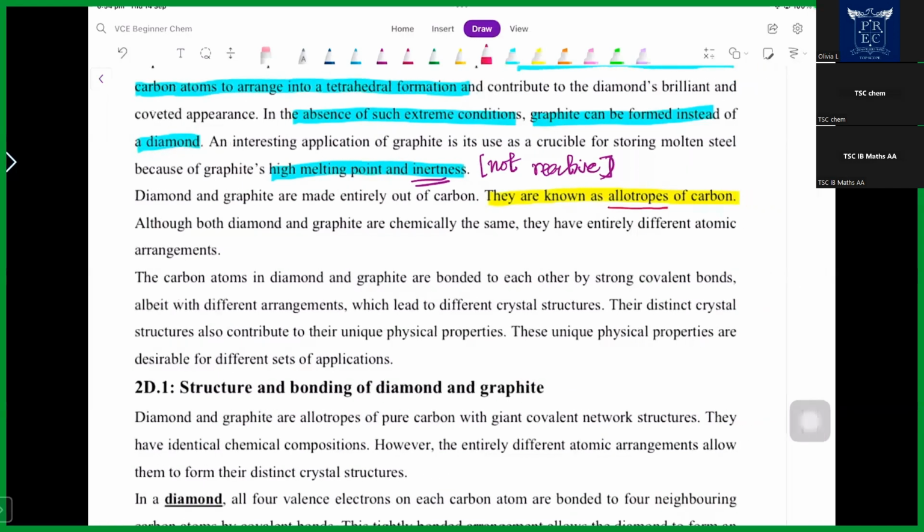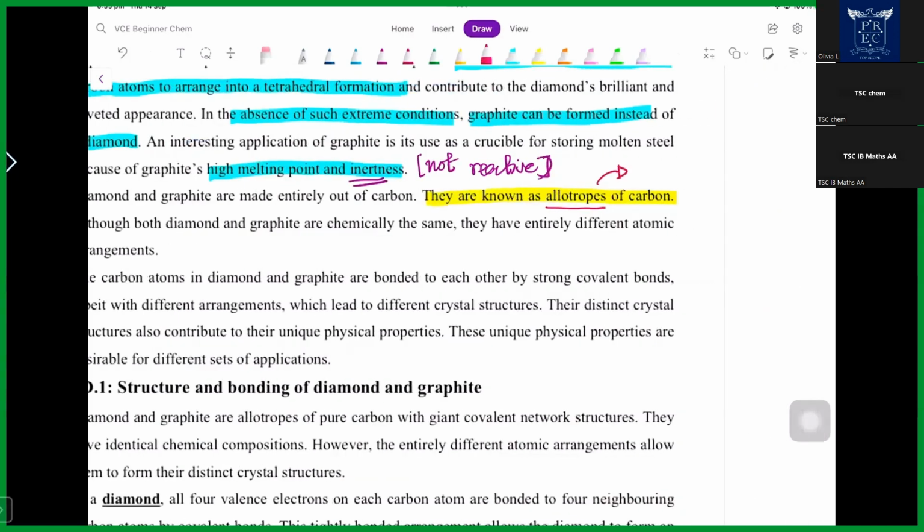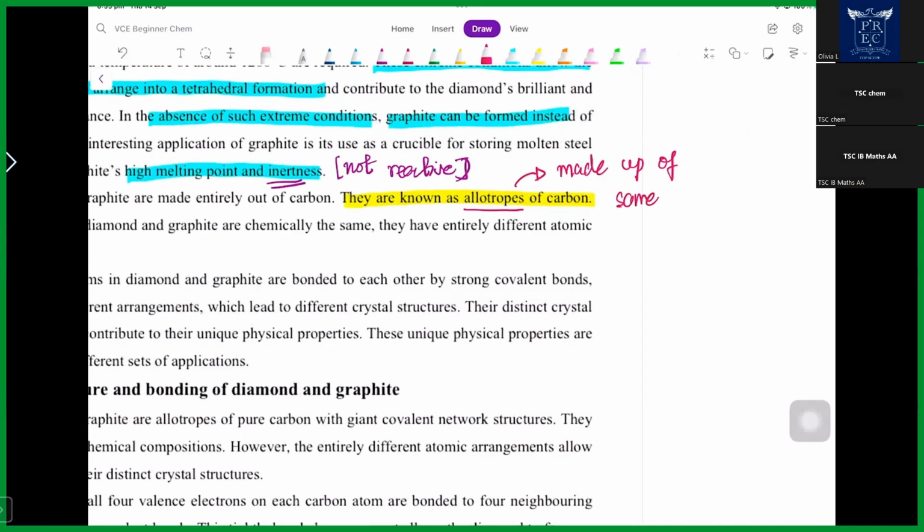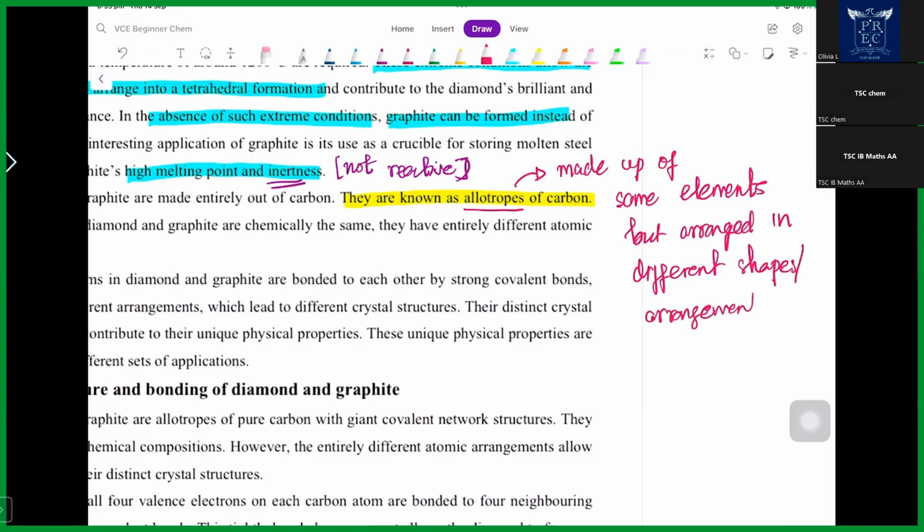Allotropes means made up of the same element but arranged in different structures, different shapes, or different arrangements. So anything made up of the same thing but with a different arrangement is called an allotrope.